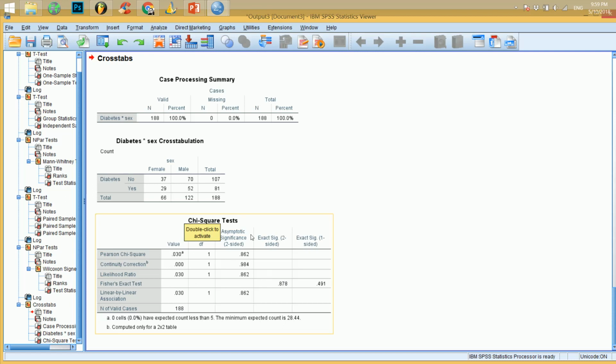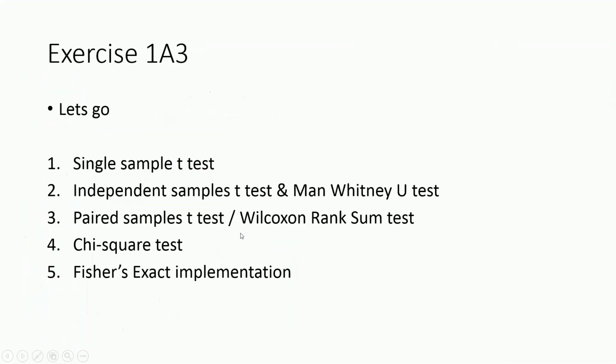In this case, the asymptotic level of significance, which is again the p value, is much higher than 0.05. That means essentially that there is no difference between males and females for the presence or absence of diabetes. So apparently gender by itself does not make a huge difference in whether the patient has diabetes or not.